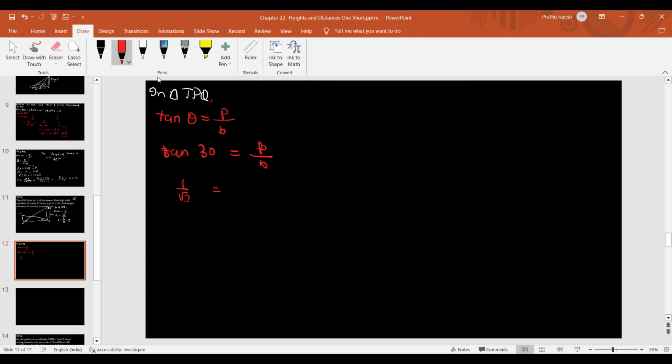Now we have to substitute the values of perpendicular and base. So perpendicular is P, and base is 50 divided by √3. So 1 by √3 equals P into √3 divided by 50.